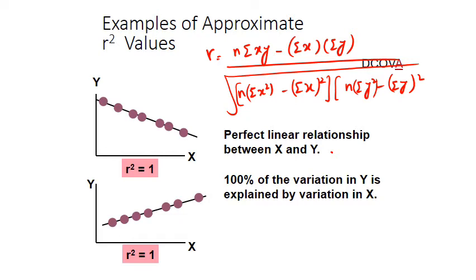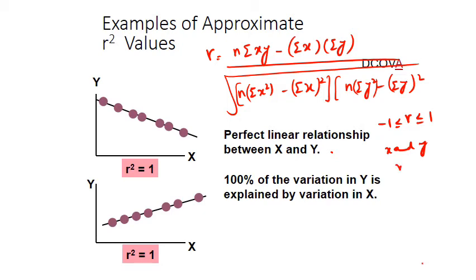So this is the formula for correlation, and correlation tells us how strongly they are related to each other. R is always between 1 and -1. If R is positive, we say that both x and y are moving in the same direction, either increasing or decreasing.